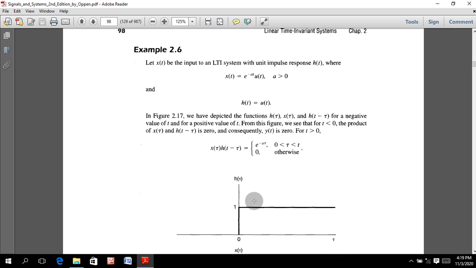The first example we are talking about is where we have taken x function of t as e to the power minus a t u t, a greater than 0, and the impulse response is a step function.